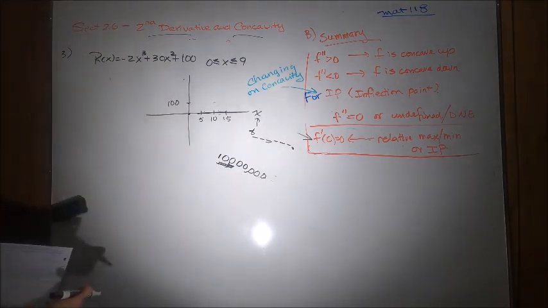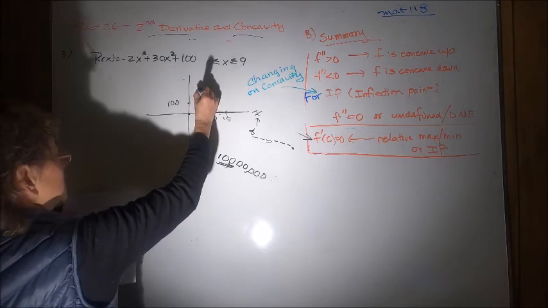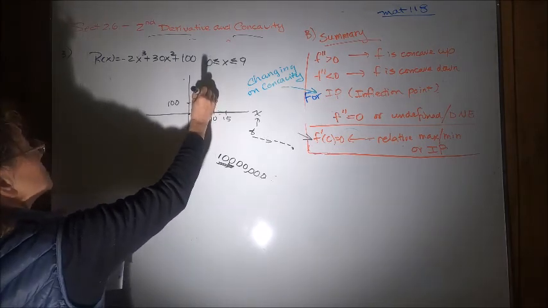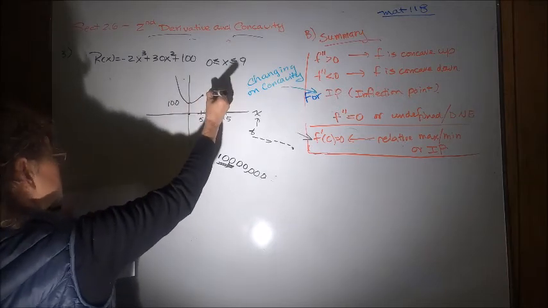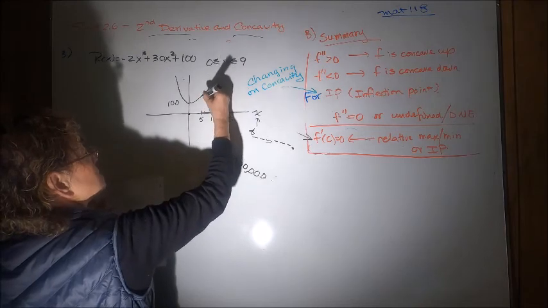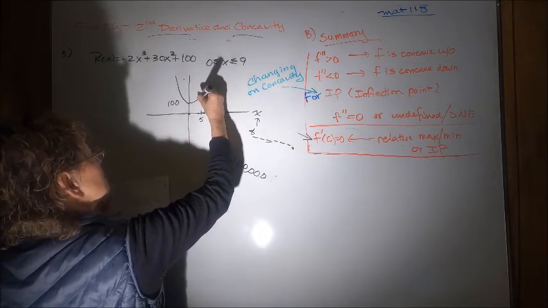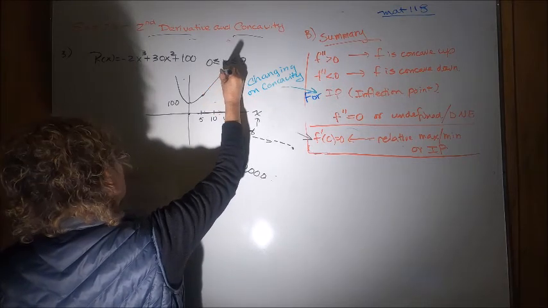Okay? So if you graph this one, you plug in 5, it will be somewhere here. So the graph will look like this if you graph it. It's somewhere there. You have to actually do it.